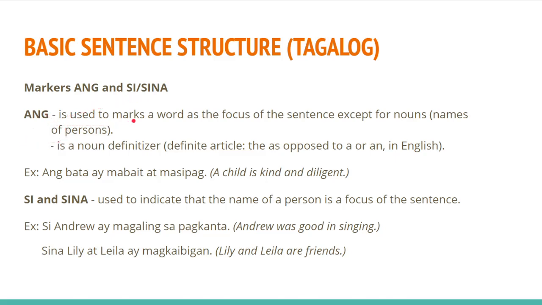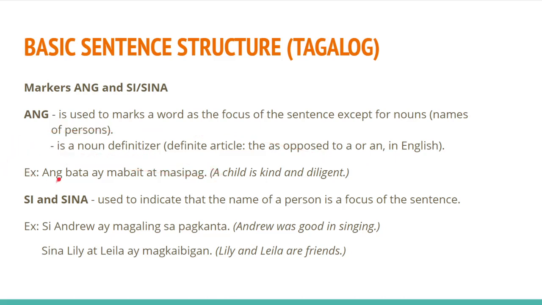"Ang" is used to mark a word as the focus of the sentence, except for nouns such as names of persons, particularly like Abigail, Bob, Catherine, Carlos, and so on and so forth. Or "ang" is a noun definitizer. It is the opposite of "a" or "an" in English. It's just like a noun definitizer.